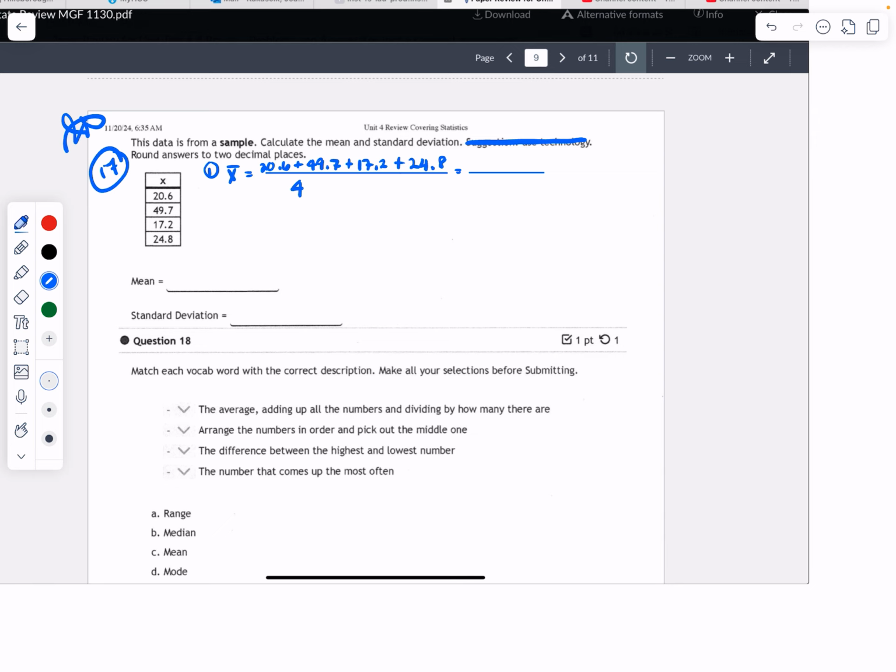Okay, looks good. So when I did that, I got 112.3. I'm going to divide that value by 4. And when I do that, I got 28.075. So I'm going to round this up to 28.1 for the mean.